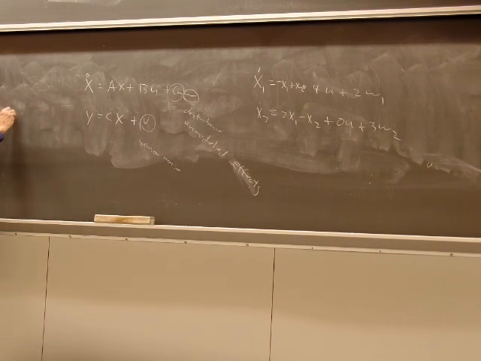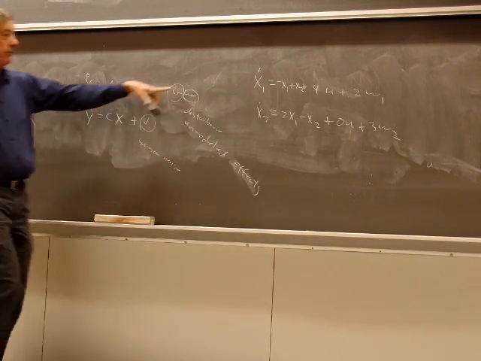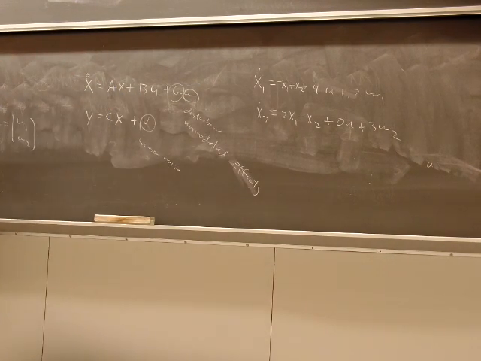W is W1, W2. So looking at the state equations, you should be able to figure out G. Basically, it's nothing different than what we did in the very first class.